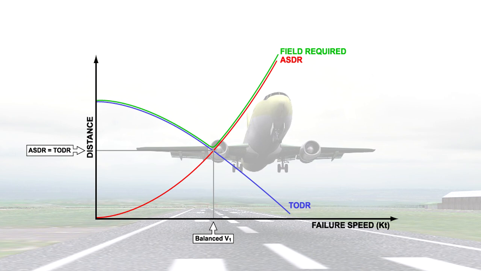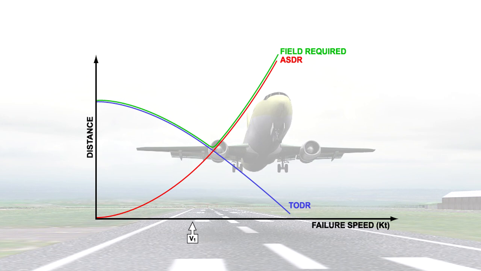What this graph is also useful for is to see the effect of using either a higher or lower V1. For example, if for whatever reason V1 was increased to this point, notice that the accelerate stop distance required increases, the takeoff distance required decreases, and the total field required increases.